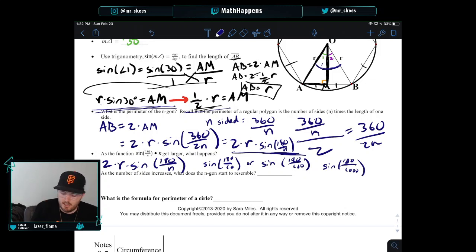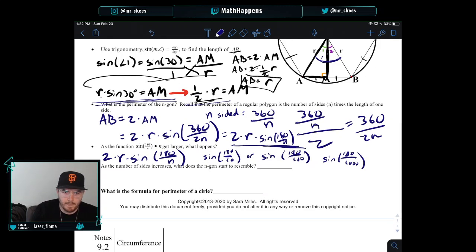Plug those into your calculator if you have one in front of you. I probably could pull up a calculator, but I don't want to leave the app and lose my place here. So I'll leave that to you, and you should see that it gets closer and closer to the number that's behind you on the wall: 3.14159, yada, yada, yada. It's pi.